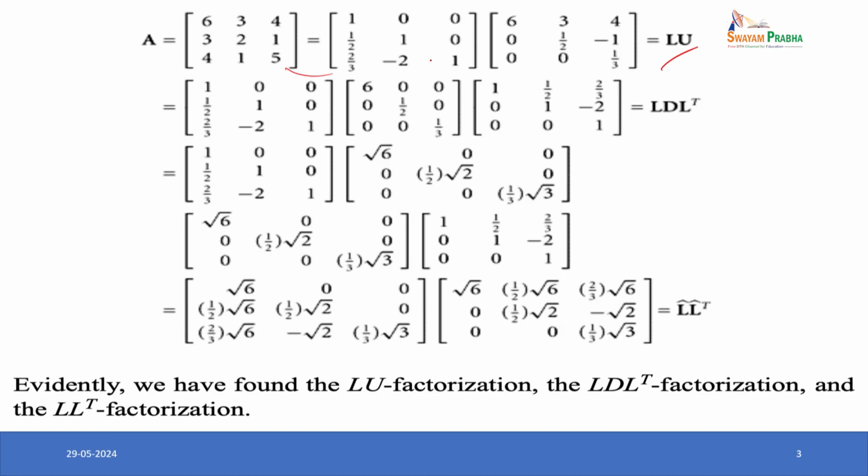L transpose is simply the transpose of the first matrix, so that this matrix will come, keeping the other matrices as they are. Now do the normal matrix multiplication, noting these are 3 cross 3 matrices. You multiply them and you may get the LL transpose technique.